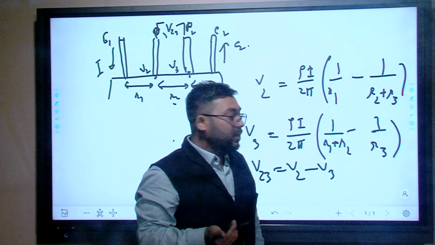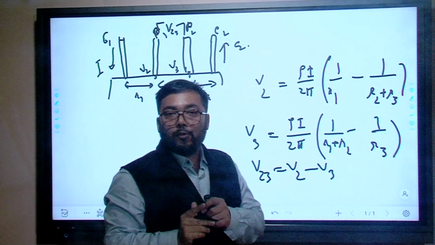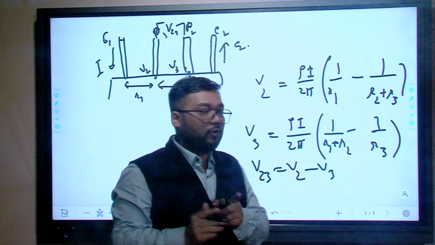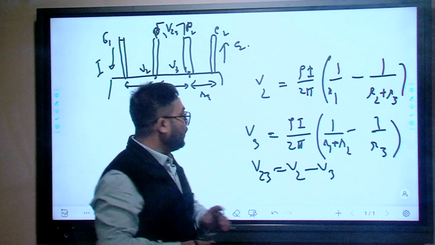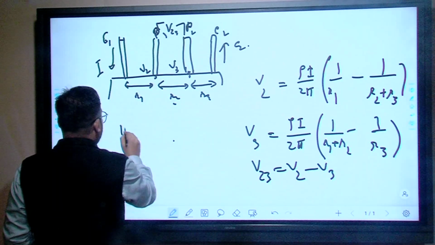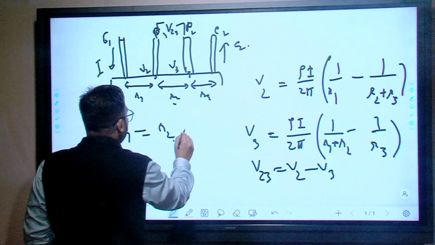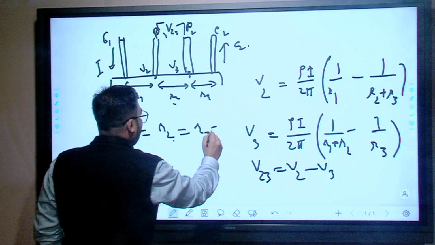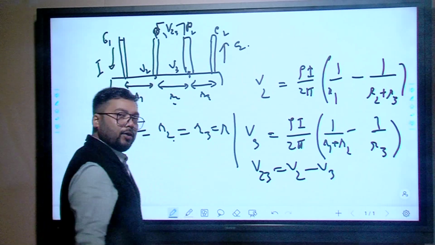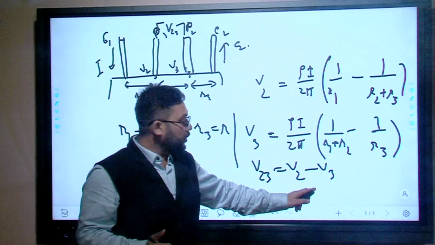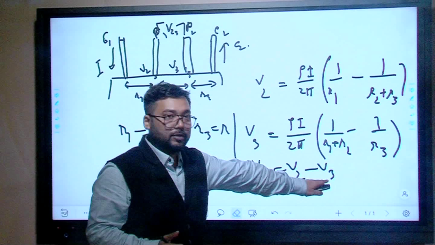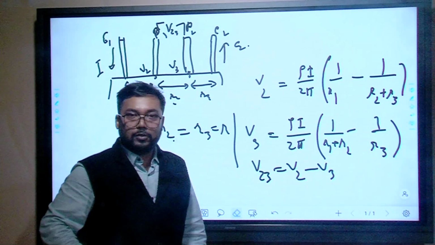Now another important point is that in Wenner's method these separations are of equal distance. That means R1 equals R2 equals R3, and I'll call it R. In such a situation, you can just put the values of V2 and V3 here and calculate the difference between them.